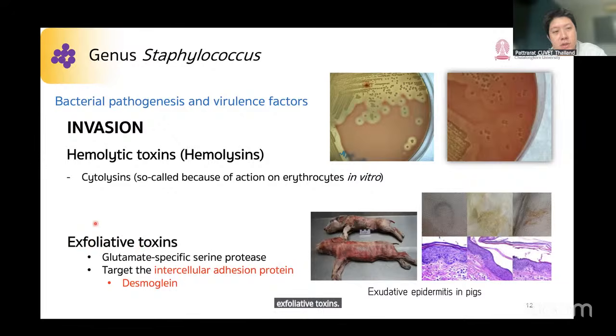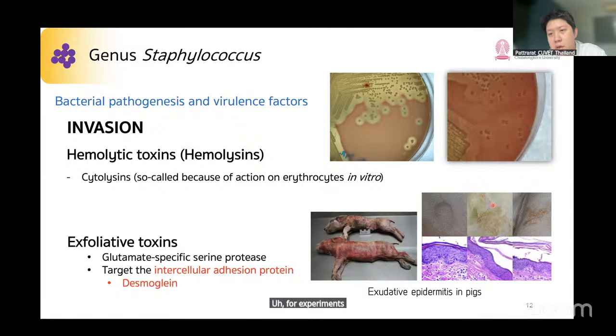The exfoliative toxin cleaves desmoglein, an intercellular adhesion protein. So this is the histopathology of pig skin.